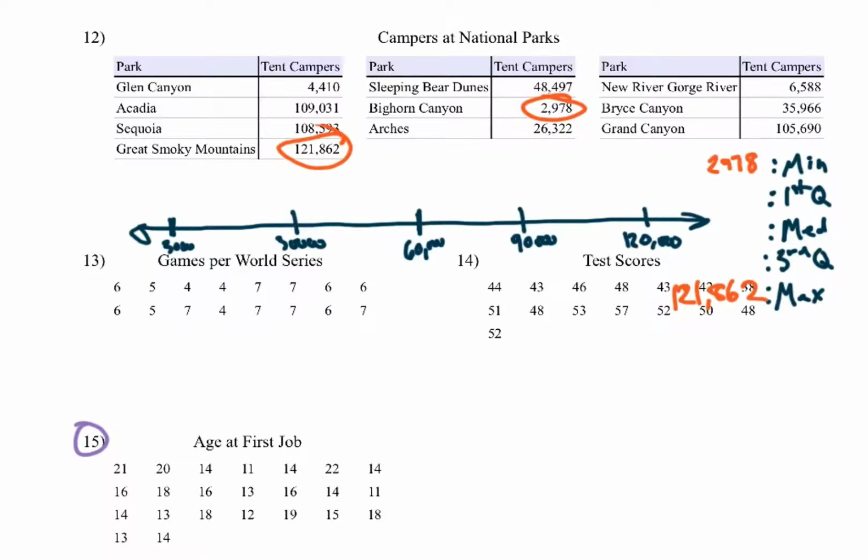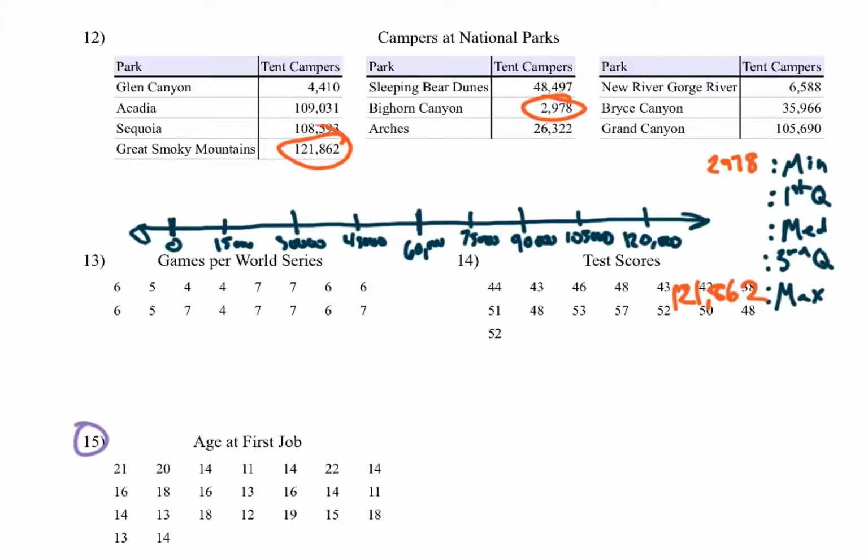Okay, so let's actually call this 0. So that'd be 15,000, 45, 75, and 105. Okay, let's kind of use that for our base.